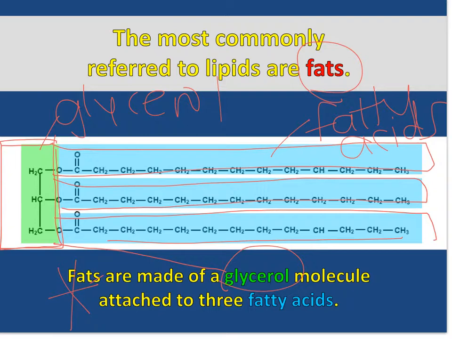Sometimes there's just 2, but there's these tails that come off. And those are called your fatty acids. And then go ahead and label that whole picture right underneath it, right above question 14, say fat. Lipids are fats.